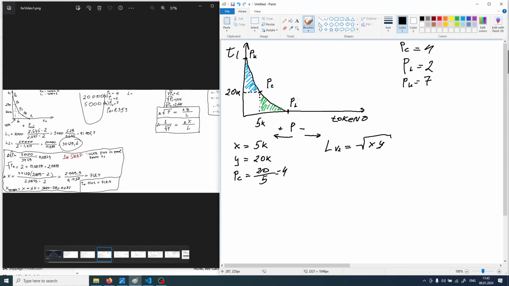So we must calculate the liquidity for these parts separately.